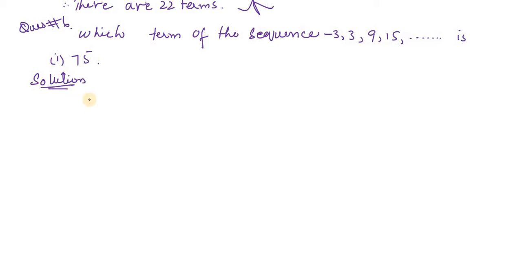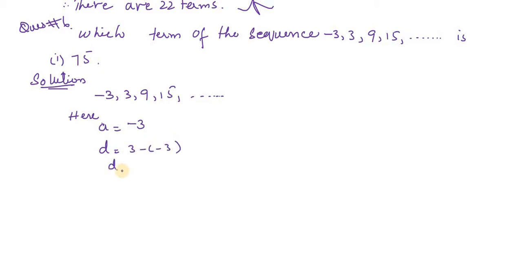Here we find n, the number of the term. The given sequence is -3, 3, 9 and 15. Here A is -3, D is 3 minus -3, so D is 6, and Tn is equal to 75.